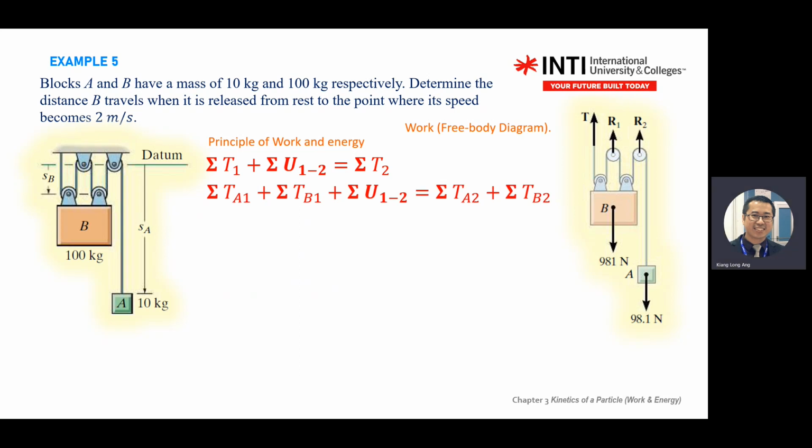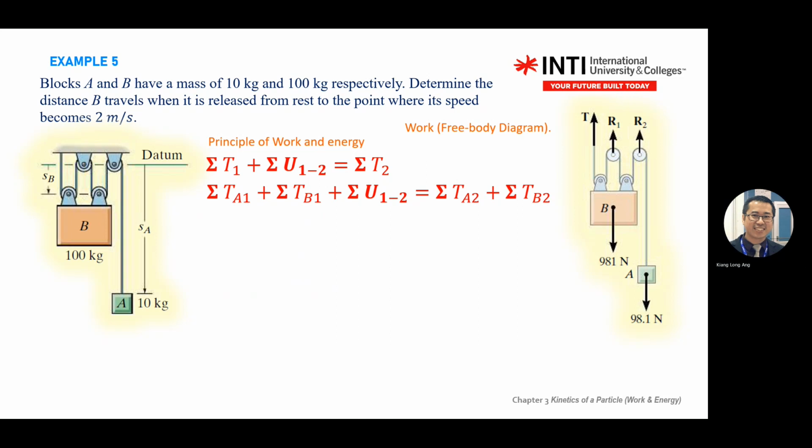Here you have two objects. What happened to your equation of work and energy? Each body will give you one set of work and energy. In this case, as you see on the screen, your kinetic energy A and B is considered.